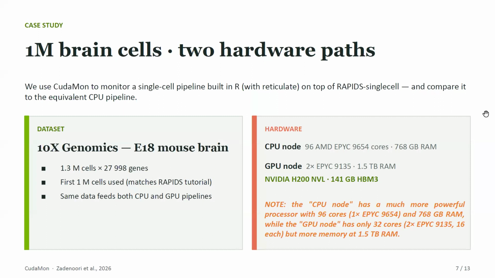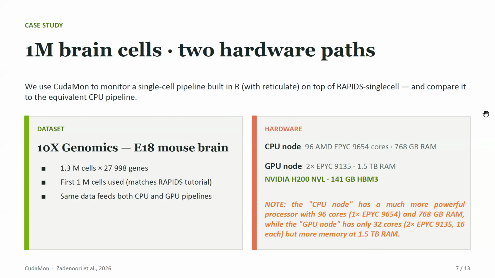For the case study, we use data from the 10x Genomics E18 mouse brain, which contains 1.3 million cells with about 30,000 genes, and we select the first 1 million cells of this data, based on what the RAPIDS tutorials did. We feed the same data to the CPU and GPU versions of the workflow.